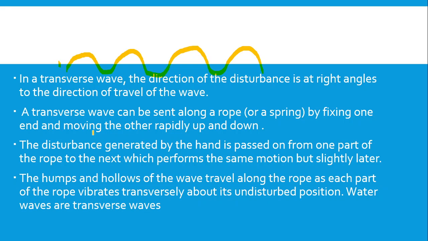As mentioned here, they're written as humps and hollows, but the physical terms for these two parts are as follows. Let's say a wave is like this, and this is the neutral mean line right over here.